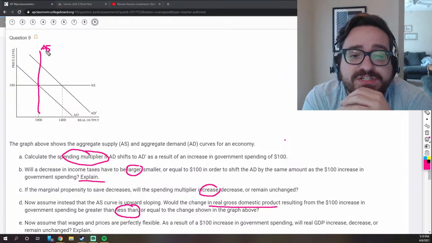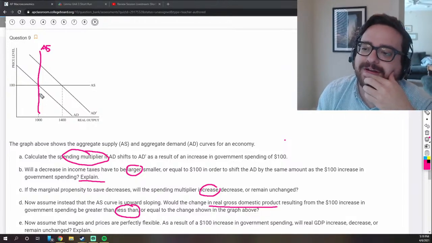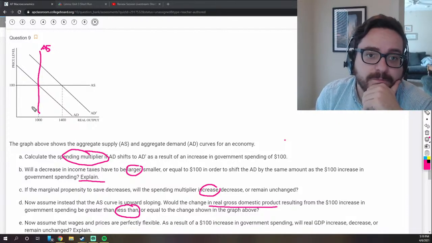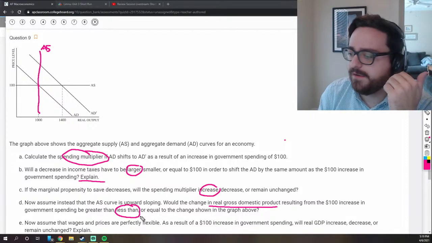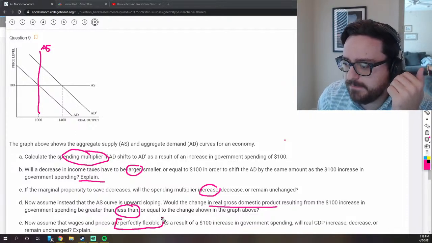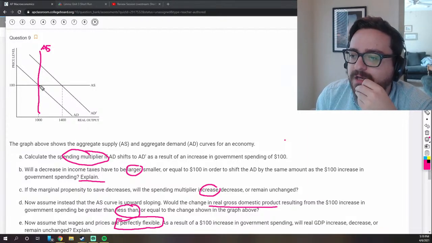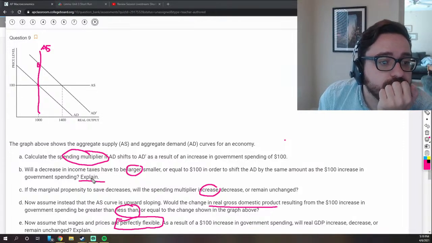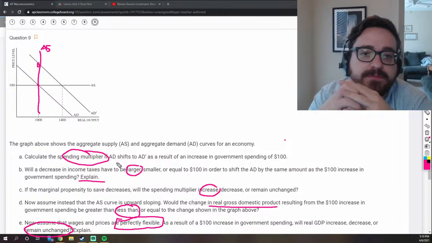If prices and wages are fully flexible, that means they can be wherever, and real output isn't going to matter. If we're producing 1,000, we could have prices down there or there. They're fully flexible. They can be literally wherever. So a $100 increase in spending, which would get me from there to there, wouldn't do anything to my GDP.